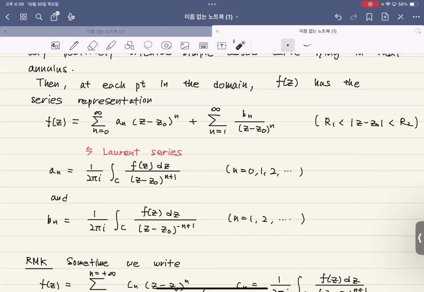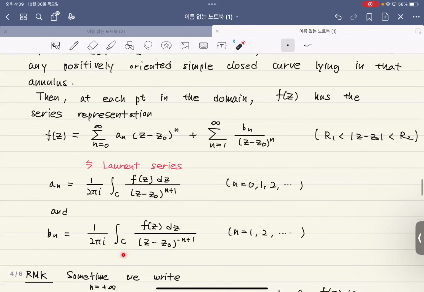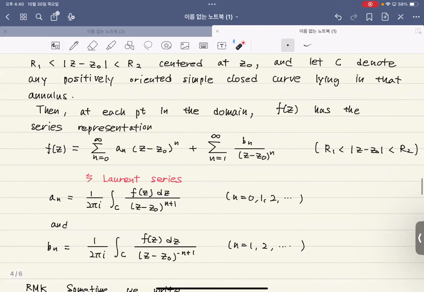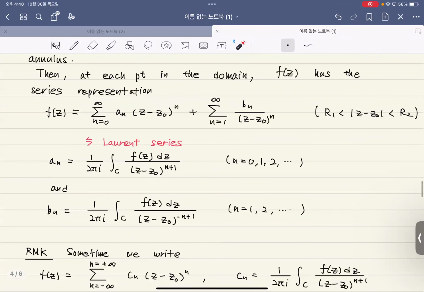Because of the path deformation principle, you can always replace your circle with any simple closed curve with positive orientation. So C1 and C2 can be replaced by any curve with positive orientation encircling your annulus. Therefore, the Laurent series has been proved.